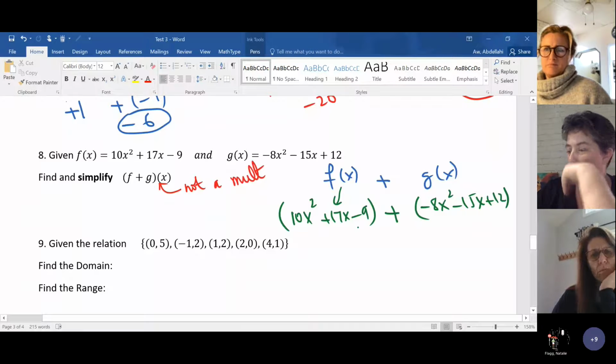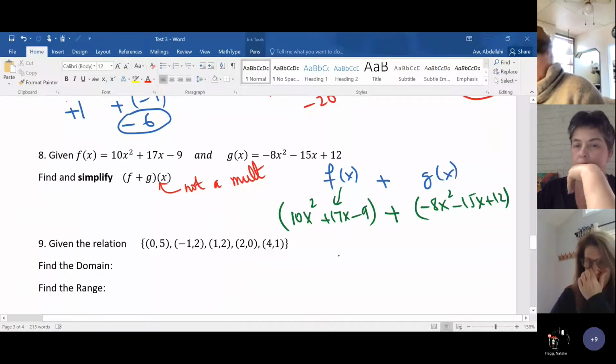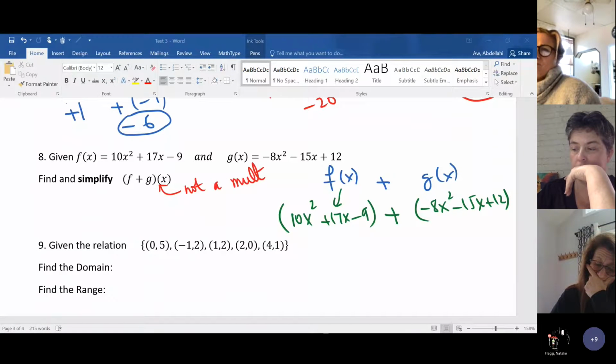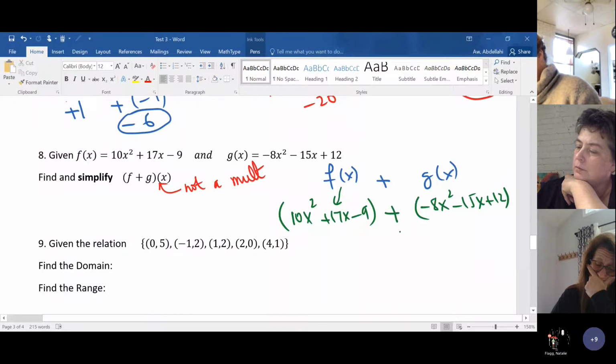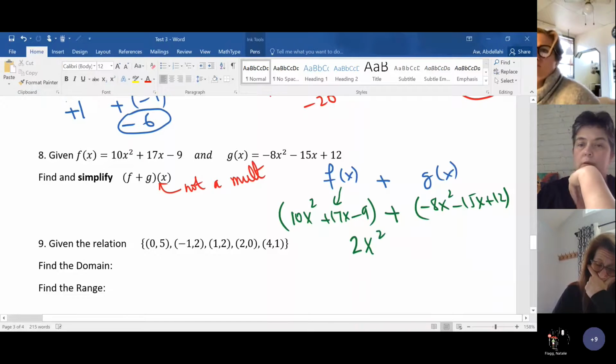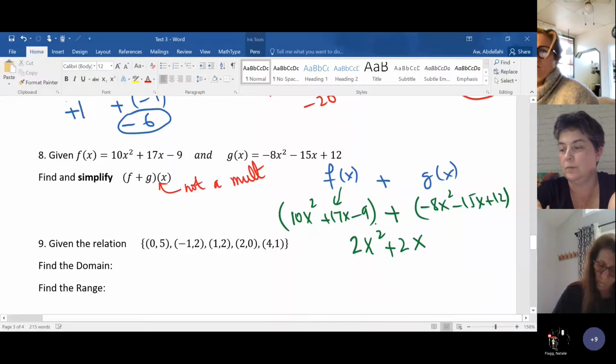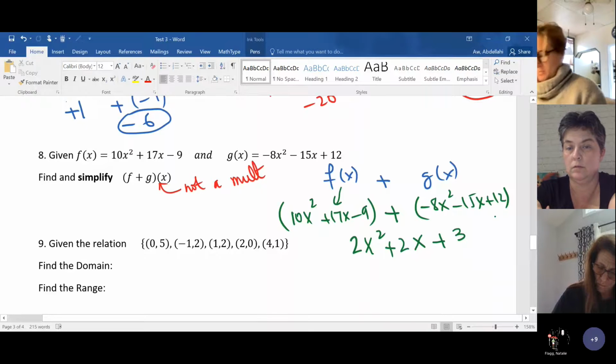If you have any like terms, we group them and then we get the answer. So, for instance, 10x squared plus -8x squared is 2x squared. 17x minus 15x is 2x. -9 plus 12 is 3.